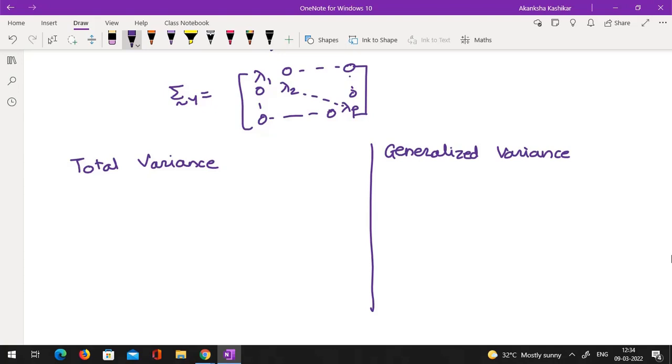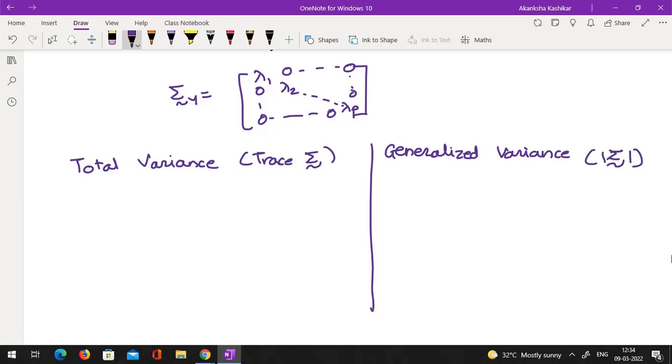Determinant. Correct, determinant is one option. Anything else? Trace. So these are exactly the two things that we are going to use. Total variance is the trace of the sigma matrix and generalized variance is the determinant of the sigma matrix.